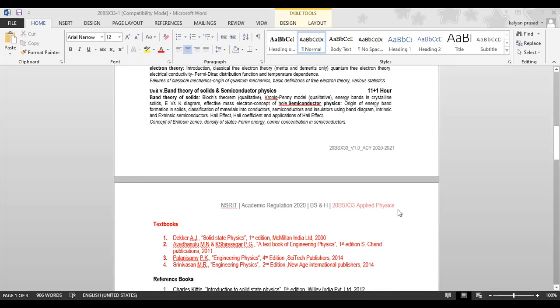And these are the textbooks you're actually required to follow. Four textbooks were prescribed. The library has all these books. Apart from the material given to you, you can go through these textbooks also, to understand the concepts in a deeper way.